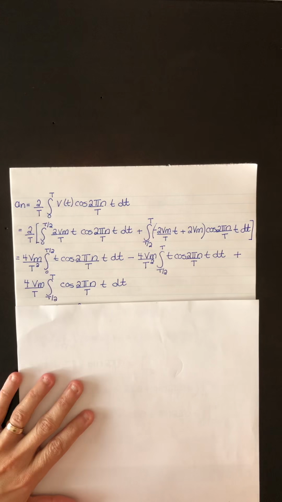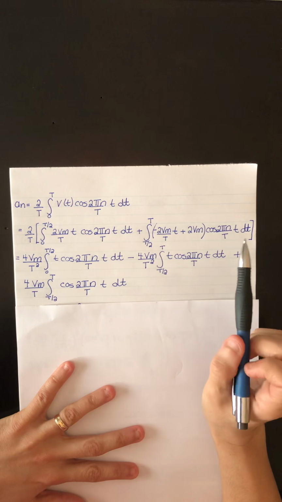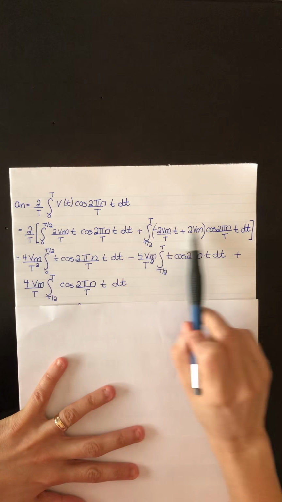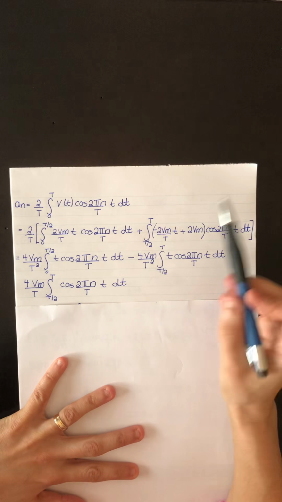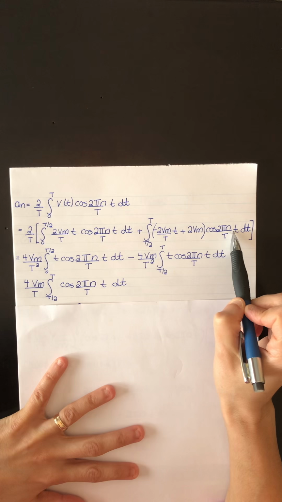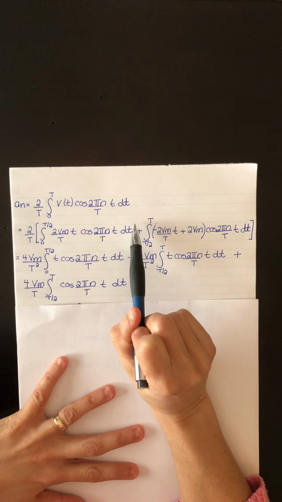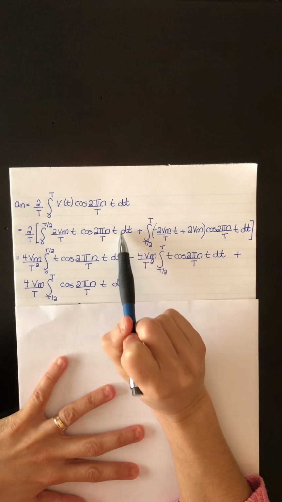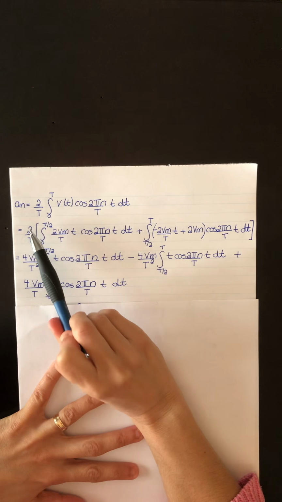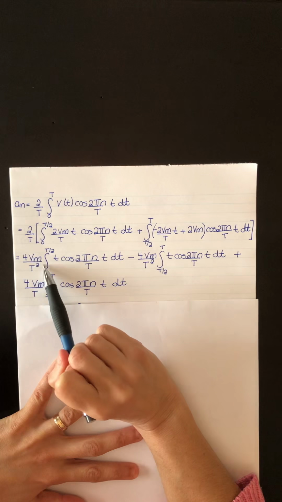Okay, now from there, I have actually made 3 integrals out of this. And I did that by opening up the bracket here. So here is the first thing that we are integrating. I pushed its constant out front. So its constant is 4 Vmax over t squared. Here it is.